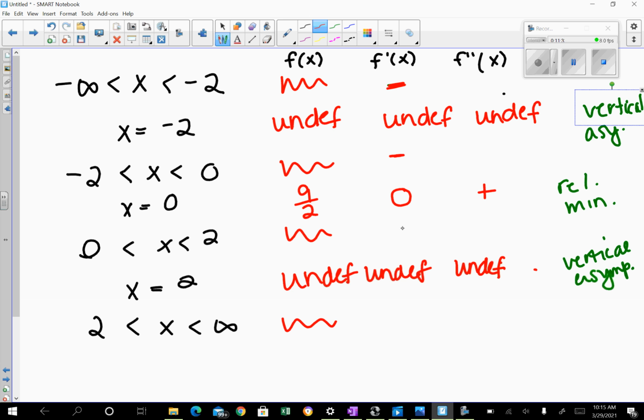This one's going to be positive. This one's going to be positive. And the second derivative here is negative.